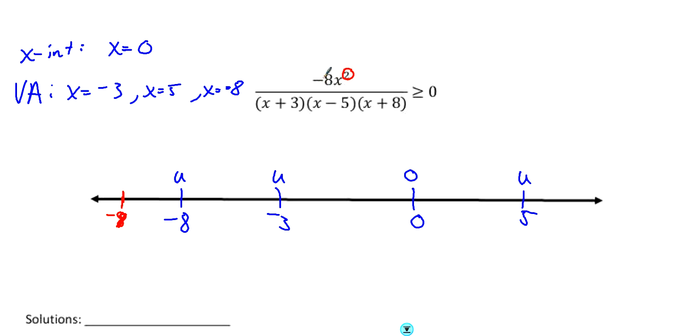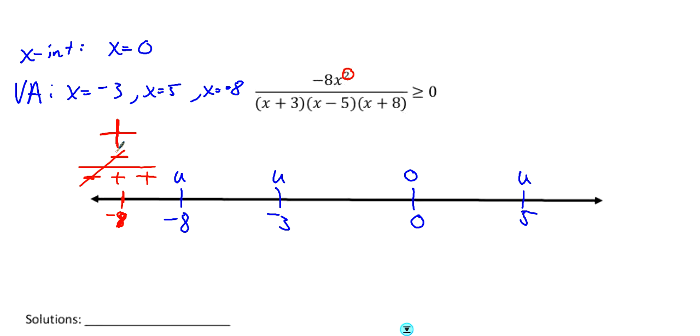So the numerator is always going to be negative. So the only thing that's going to change the sign is going to be these three factors in the denominator. So when I plug in -9, I get negative, negative, negative. So negative divided by negative is positive, positive.